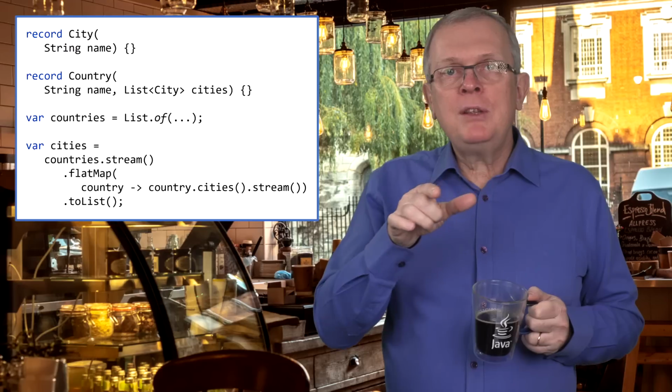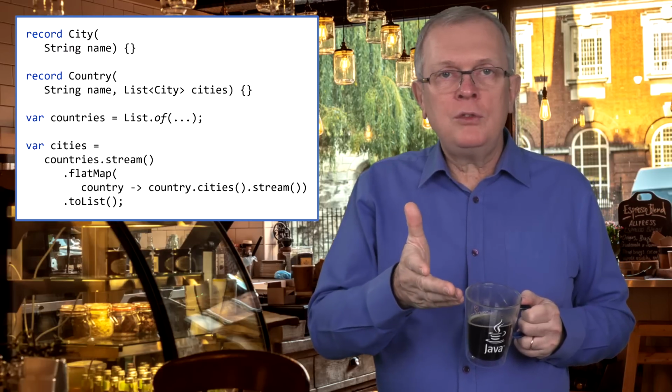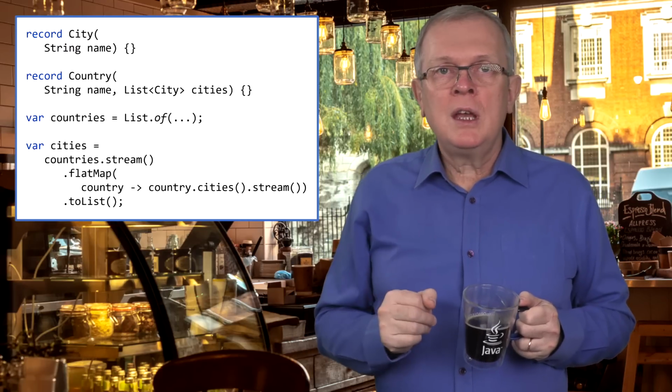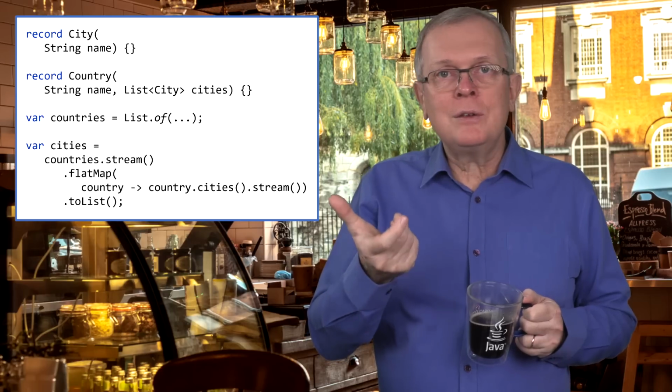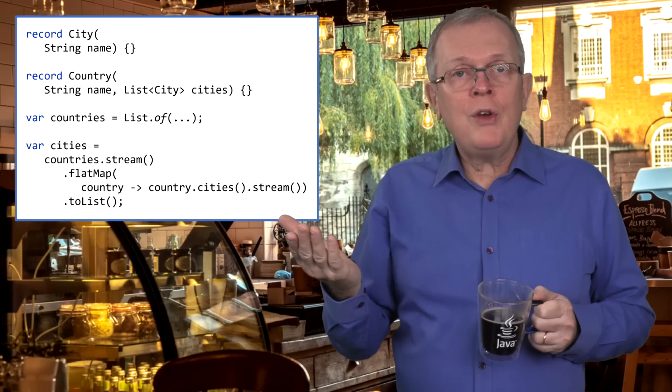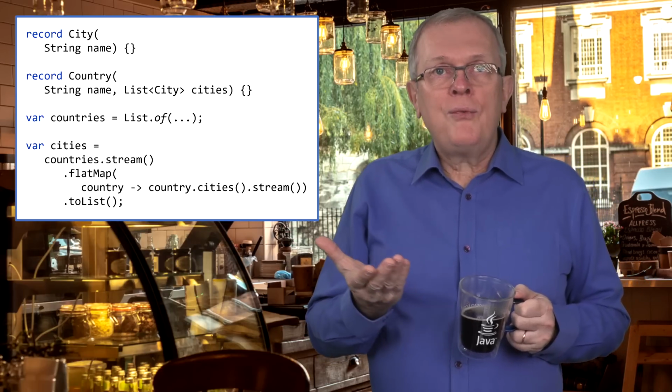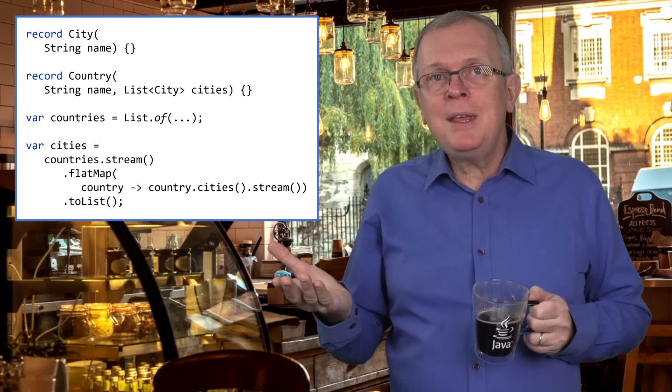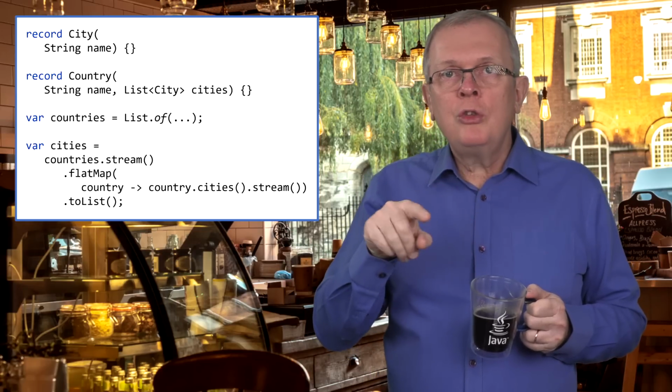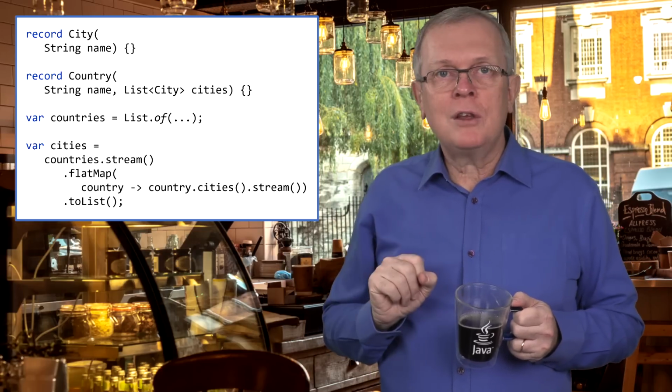Flat mapping is a classical operation in functional programming that can flatten a one-to-n relationship between objects. Suppose that you have a stream of countries, and each country has a list of cities. That's your one-to-n relation. Well, flat mapping consists in mapping a stream of countries to a stream of cities of these countries.